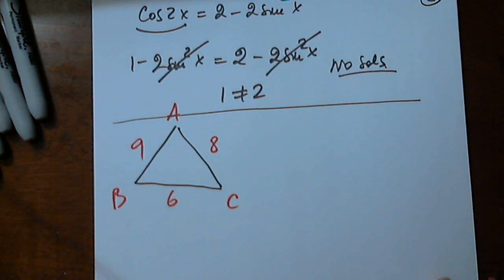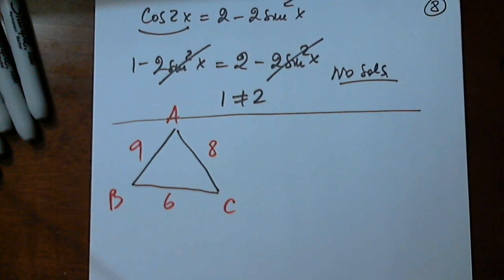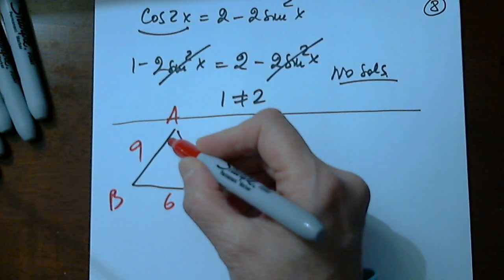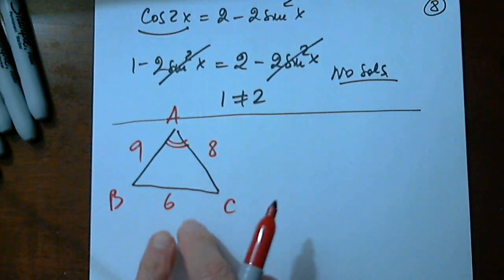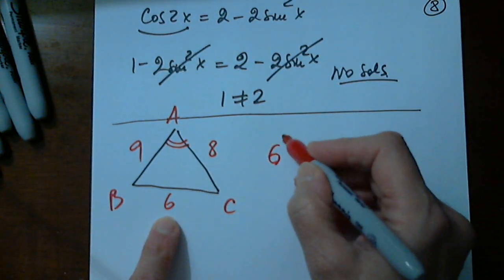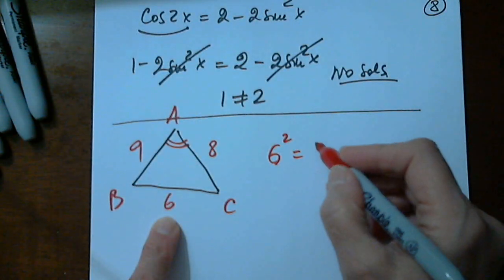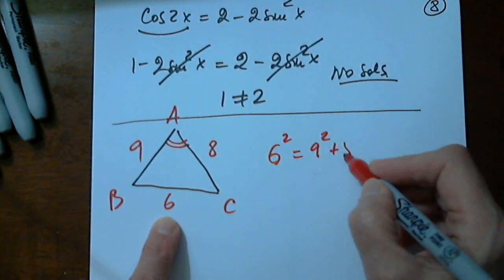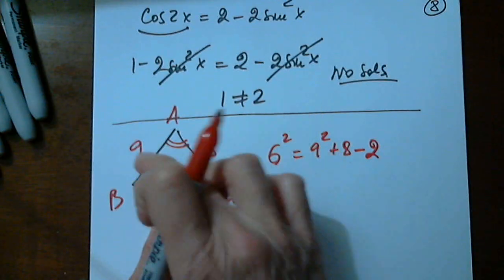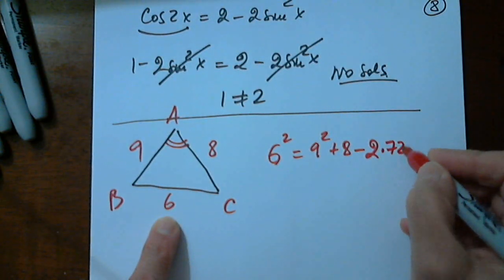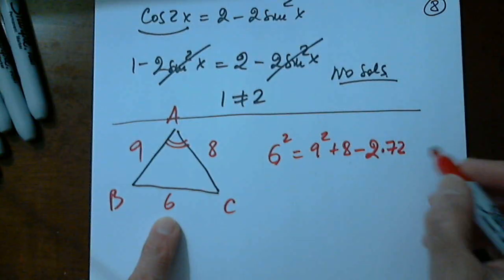In this case, we cannot use law of sines. We have to use law of cosines. And let's say I start with angle A. 6 squared equals 9 squared plus 8 squared minus 2 times this product, which is 72, times cosine in between.